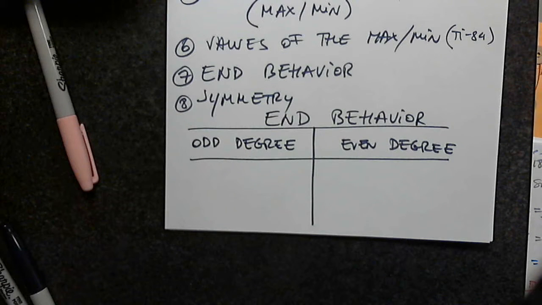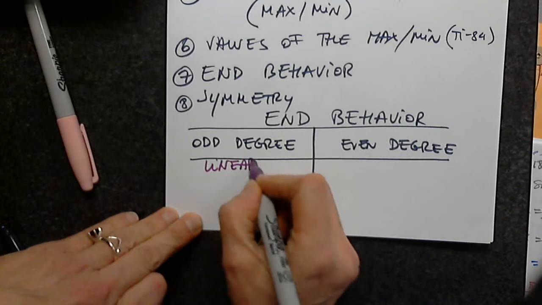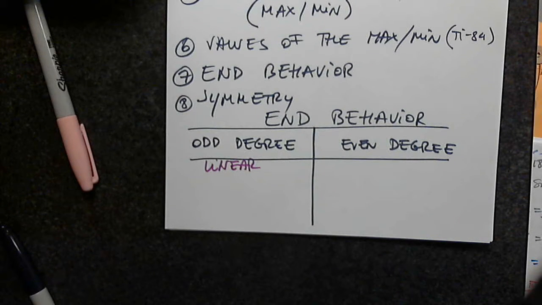Give me a polynomial of odd degree that we know about. Very much, a lot, everything. What will you say? Exactly, a linear function, right? So an odd degree polynomial will be linear, a linear function. We know by now everything about it.